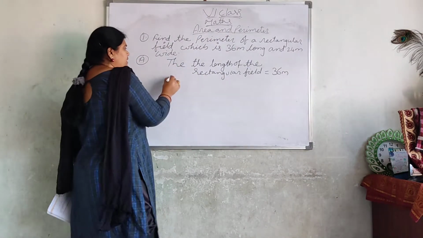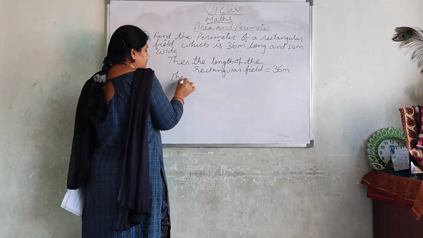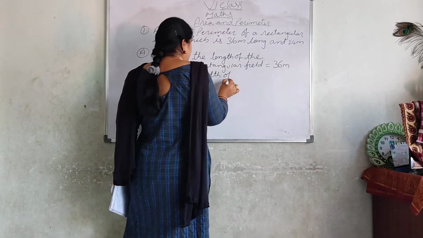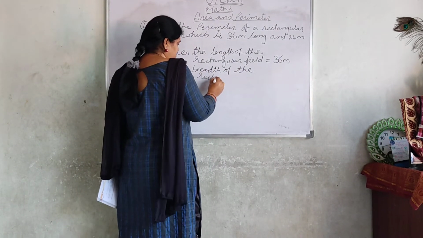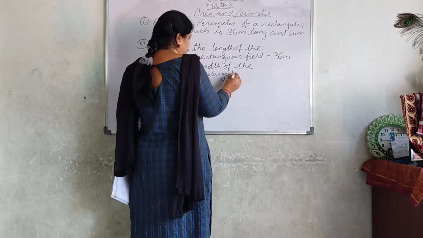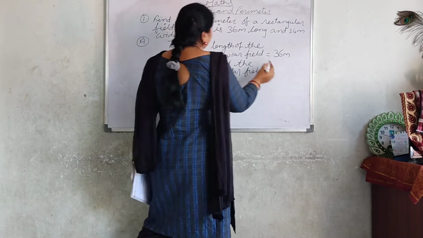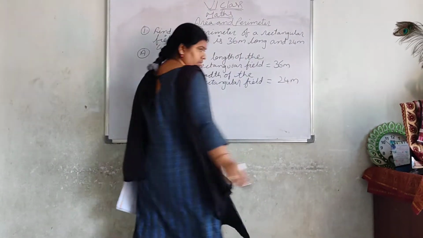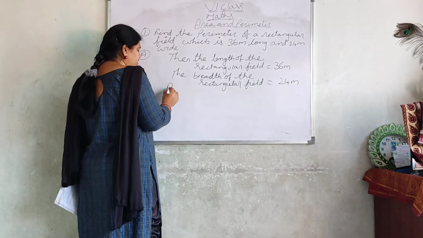Now the breadth of the rectangular field, what is given? 24 meters. Okay. Now what we have to find? We have to find the perimeter of the rectangular field.